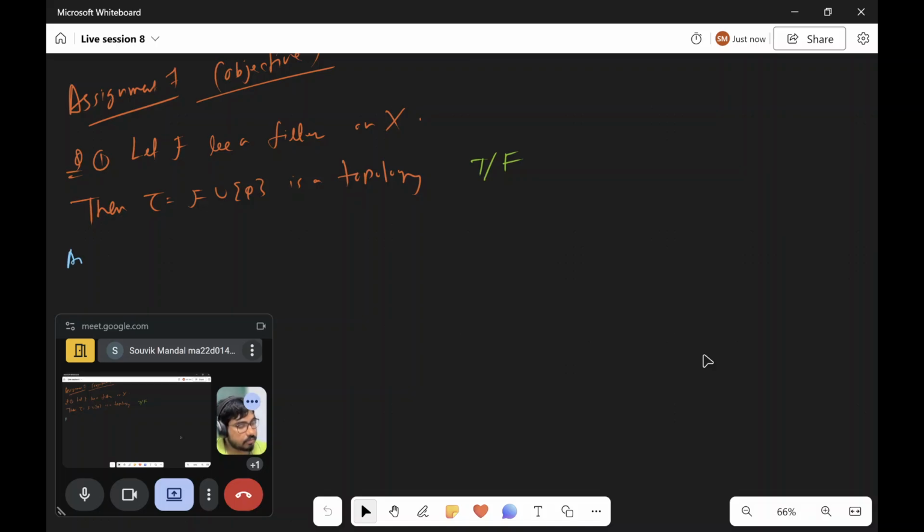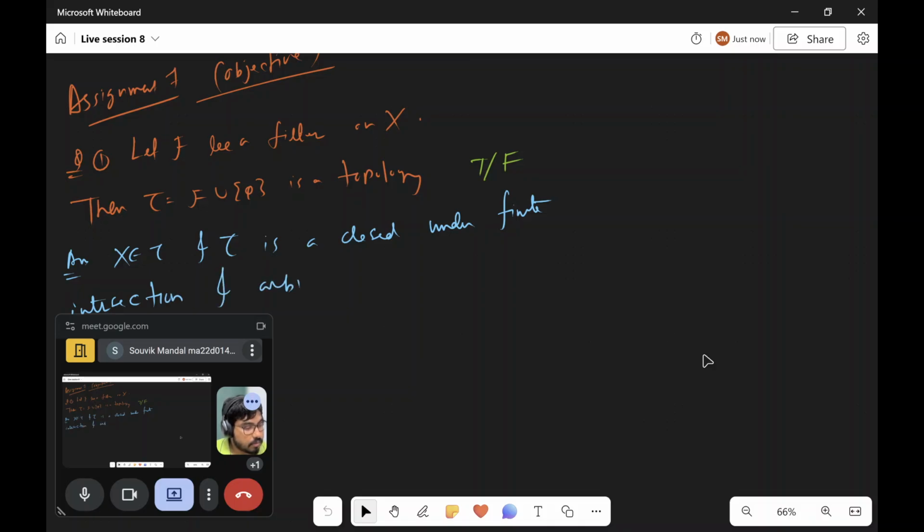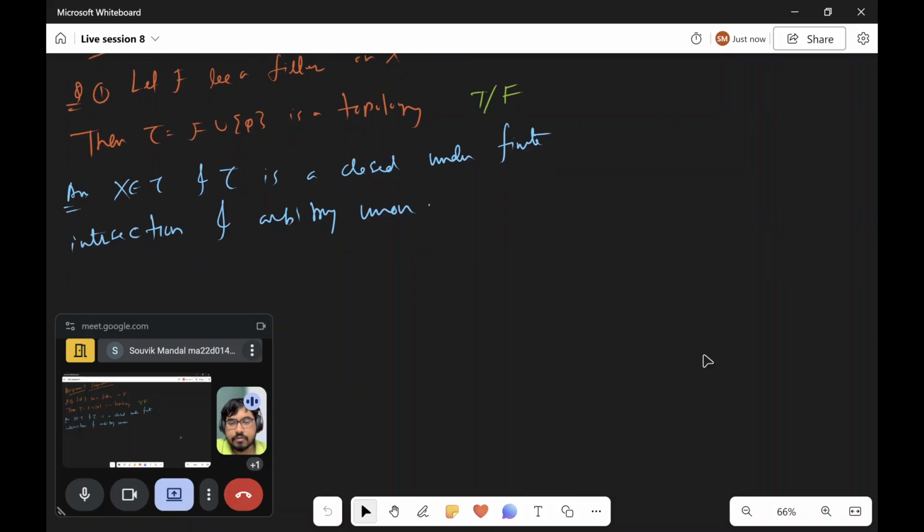So the answer: X belongs to tau, and tau is closed under finite intersections and arbitrary unions. So that's obvious, so there is nothing to explain more, I guess.